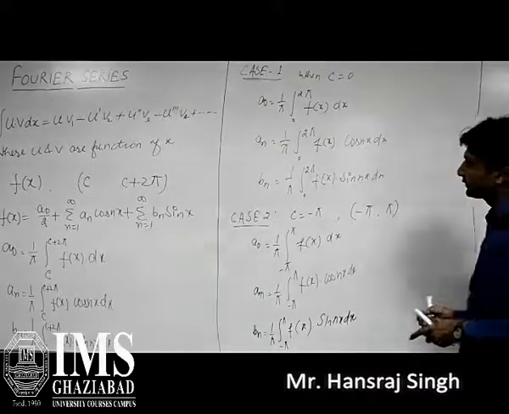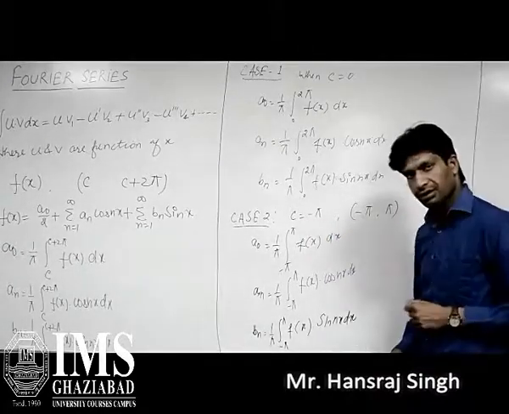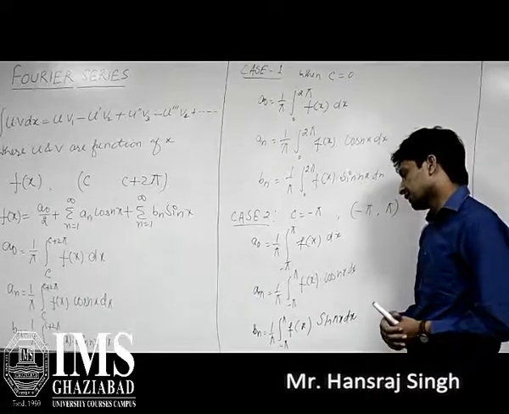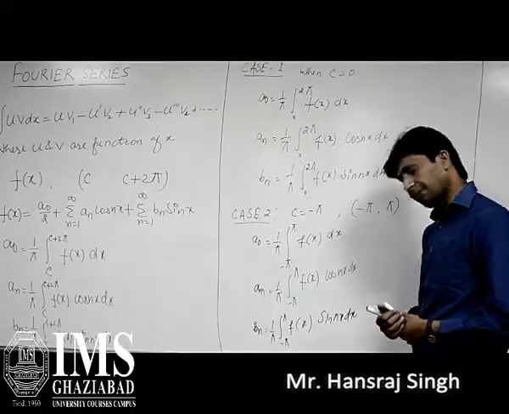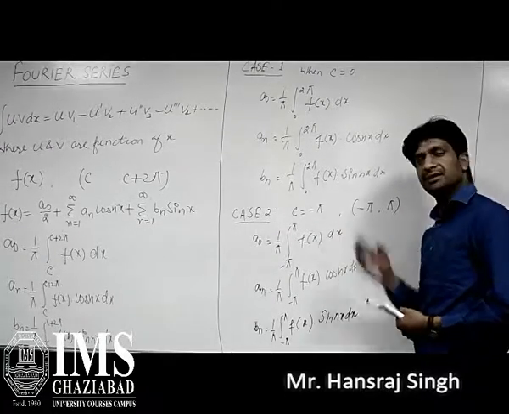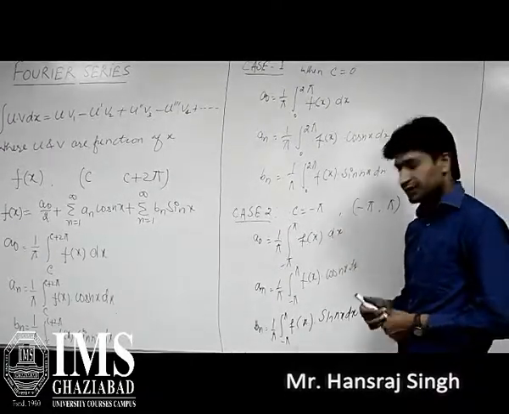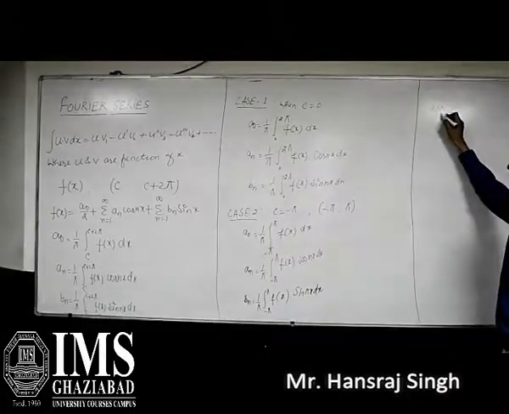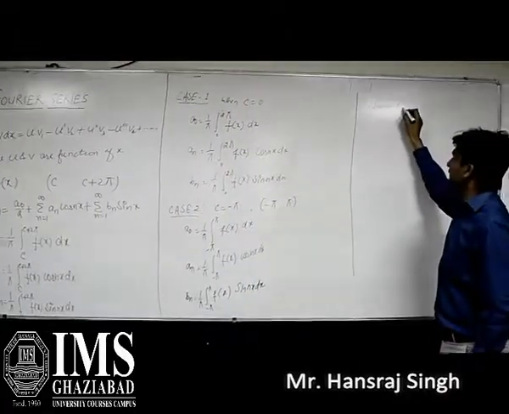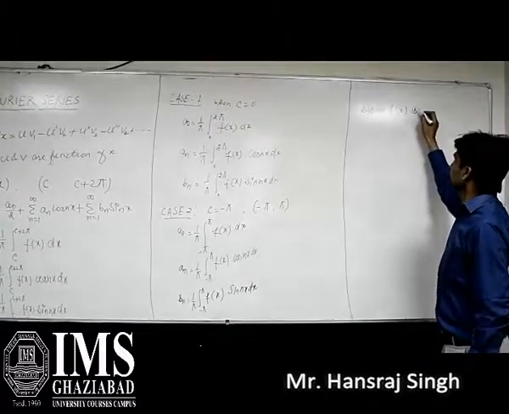So in this case, students, when c equals minus pi, there is a benefit in the definite integration, that is, if the function in the given interval may be even or odd. Suppose, students, f(x) is even.